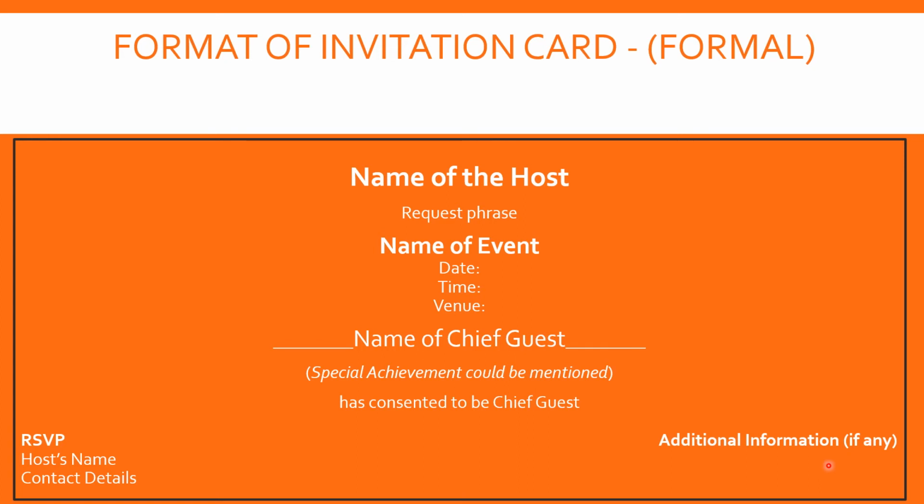Usually the additional information includes any kind of dress code, or maybe further information about the number of persons allowed to attend, or maybe details about the program, or some other additional greeting, or some kind of information that they wish to include.